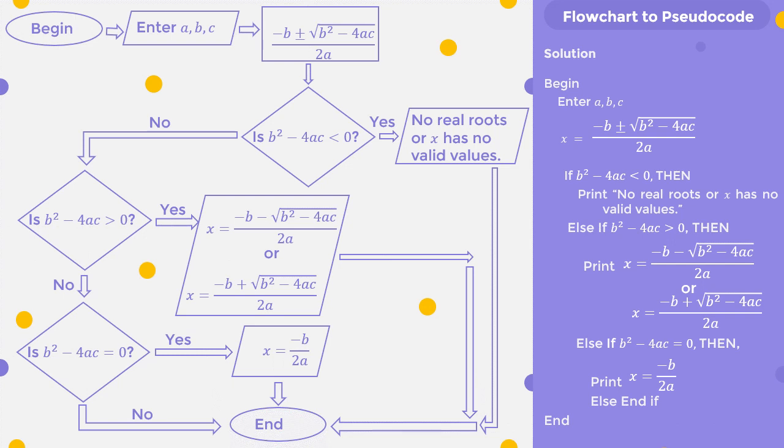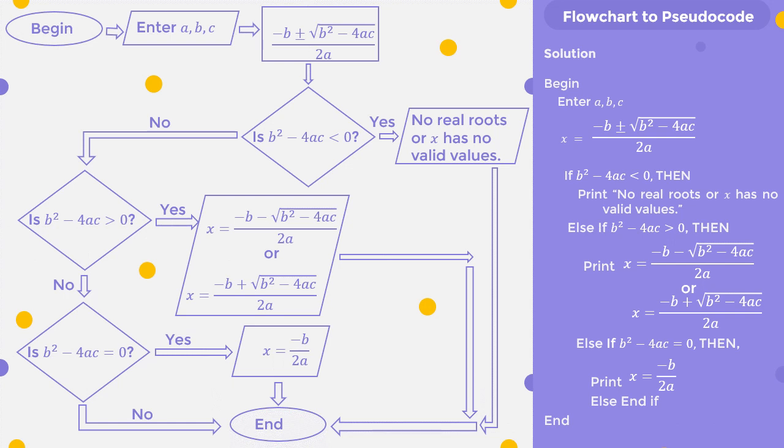If yes, then we are going to print x is equal to negative b minus the square root of b squared minus 4ac over 2a, or x is equal to negative b plus the square root of b squared minus 4ac over 2a. So there will be two answers. It means there are two real roots or two real solutions of x. Once that is done, the program is going to stop and end.